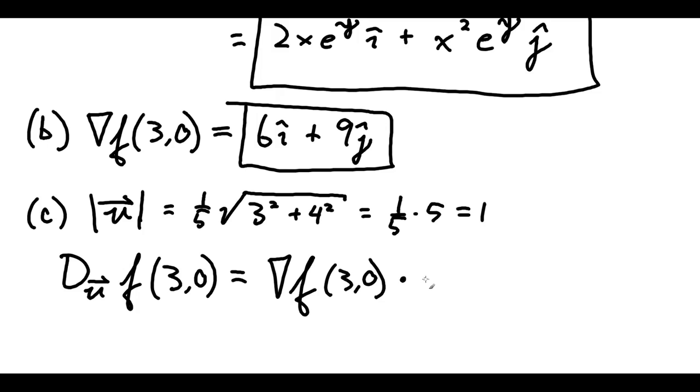We're basically taking the gradient vector and finding its component in the direction of u, or its scalar projection onto u.